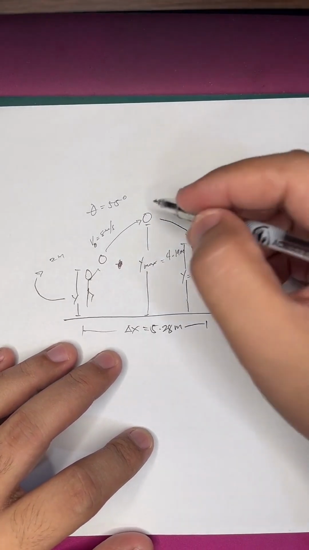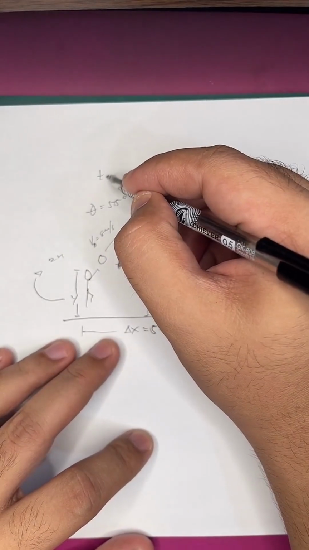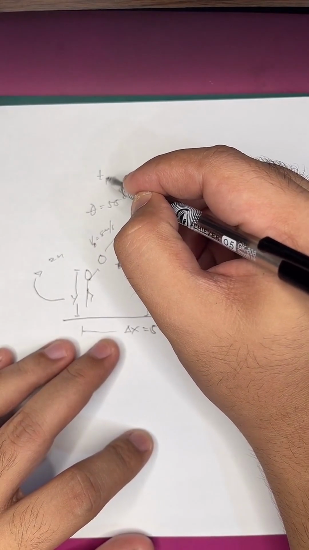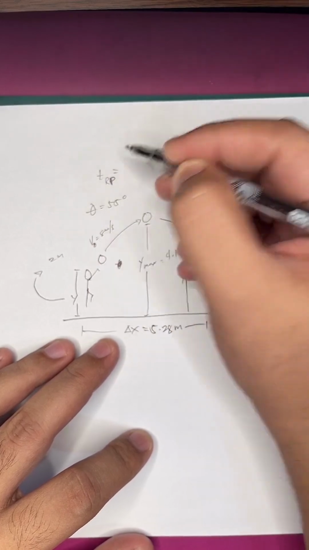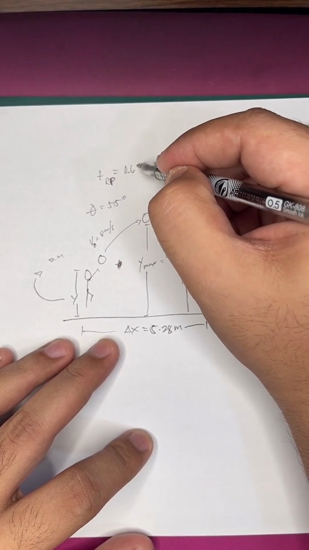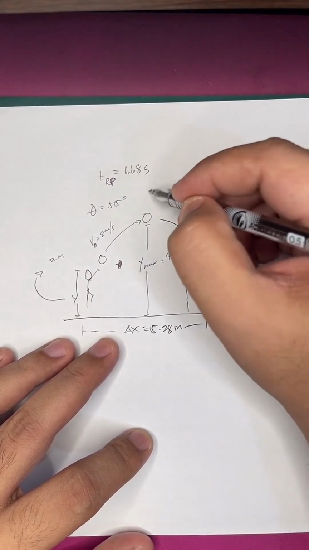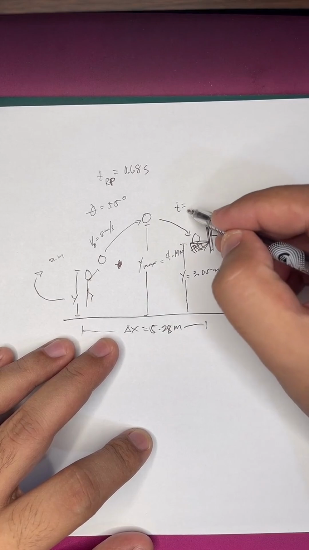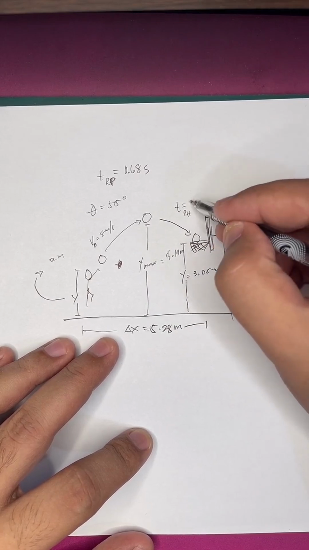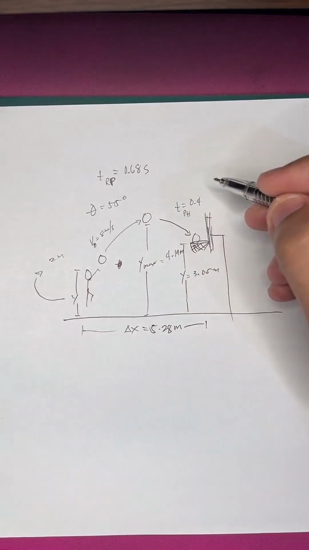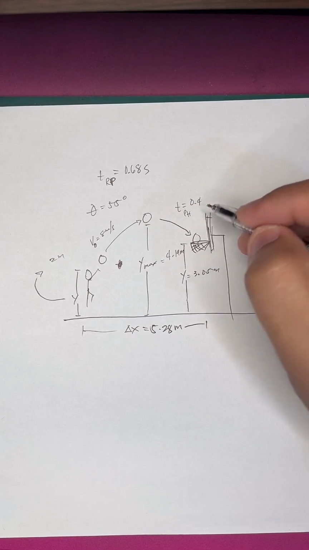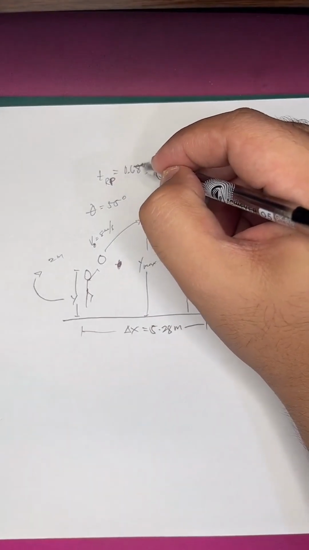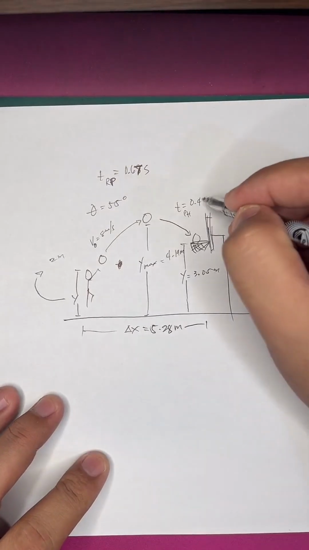Then time from release to peak was about 0.67 seconds. Time from peak to hoop was 0.48 seconds.